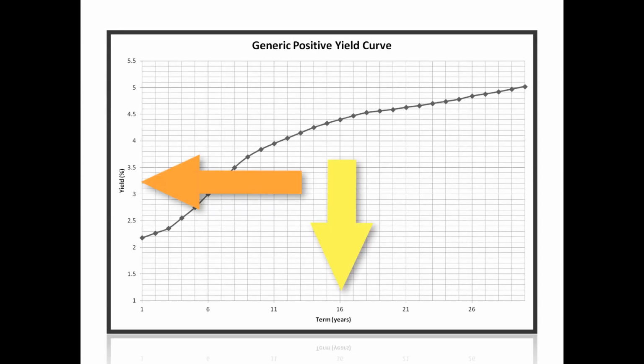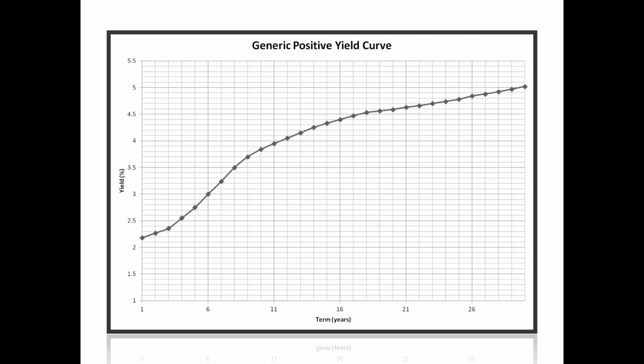So as we look at this particular chart, this is considered a positive yield curve because it starts over there with the short term of 1 year, and the yield is low at about 2.3%. And then as you go further into the term, as you move right across the chart, that yield continues to increase, which naturally makes sense. You would think that this would be generally how all yield curves are, but they're not.